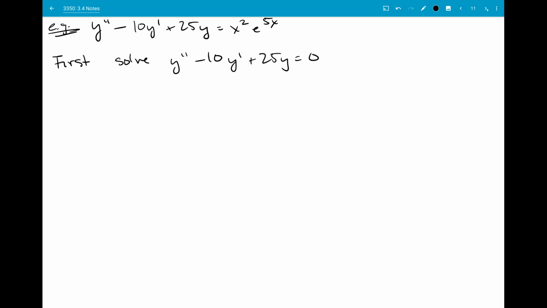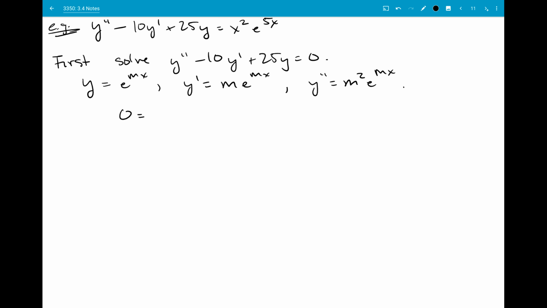The reason is because I'm going to need y1, y2 in my general solution eventually, and because what y1 and y2 are might change what my y sub p looks like. So I'm going to say y = e^(mx), y' = m e^(mx), y'' = m^2 e^(mx).